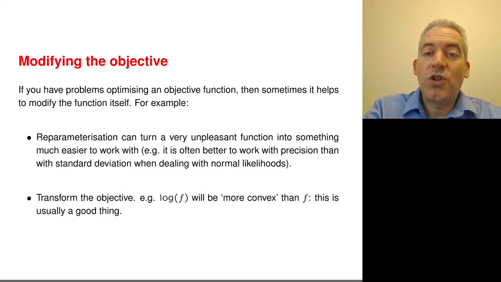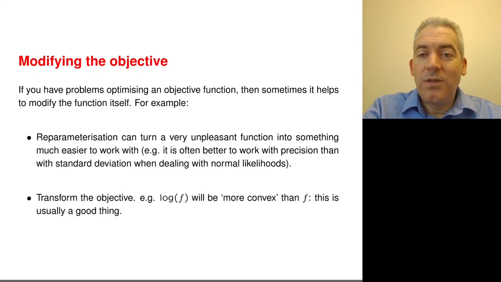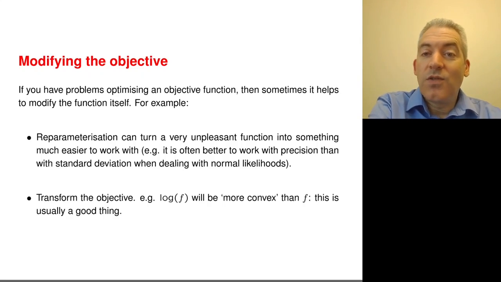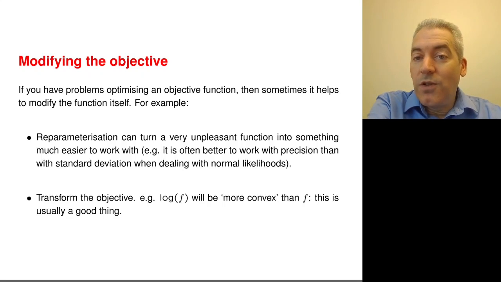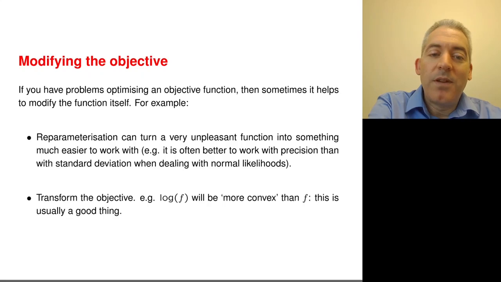You can also just change the objective as well. Now, you might want to use a monotonic function if you're going to transform the objective function, right? You don't want to change the locations of your minima necessarily. But something like the log function would be a nice example of a monotonic function.